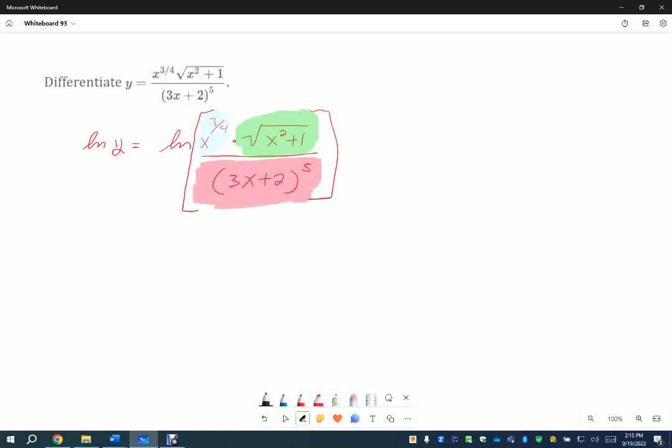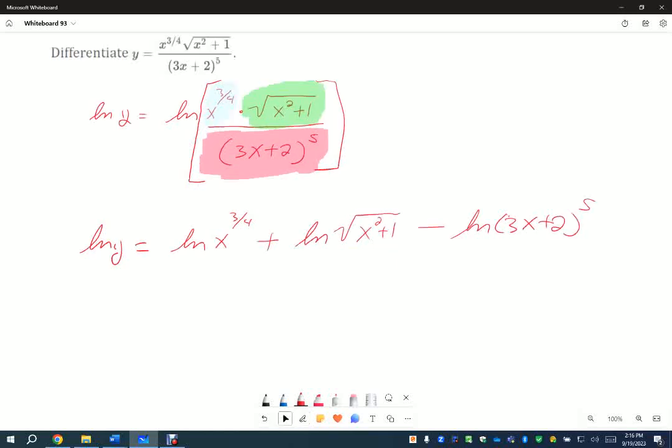What I mean by that is we have the ln of a times b is the ln of a plus the ln of b. Oops, I'll write that in cursive. ln of x squared plus 1 minus the ln of 3x plus 2 all raised to the 5th.